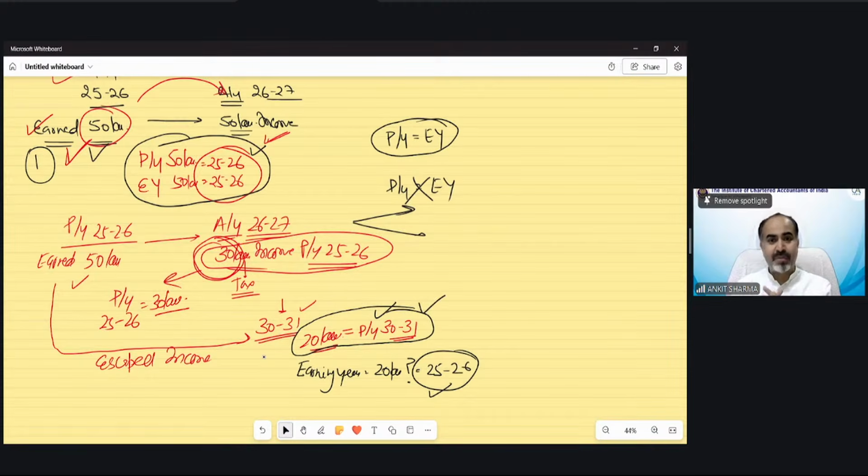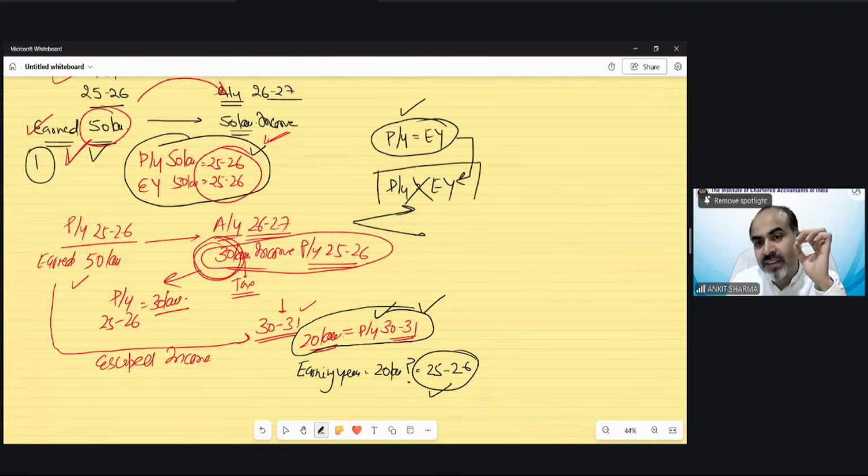So this is the exception we are going to discuss. The general rule was that previous year and earning year are the same, but now we are going to discuss the exception to this rule. There are some cases, in case of black money, where the previous year and earning year would be different.